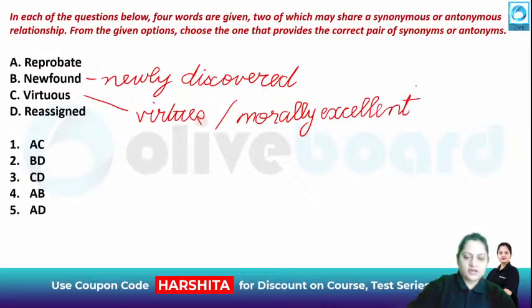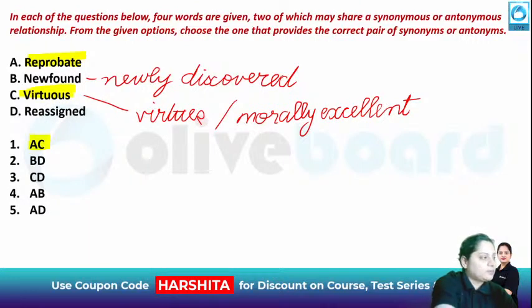Okay, right. Now you can give me your answers also. What will be the correct answer here? Yeah, honest people who follow the values, the virtues, that is virtuous. There is an antonym relation, guys, antonym, opposite. So reprobate and virtuous, A and C, but they share opposite, because a reprobate is a dishonest man, a person who is not honest.